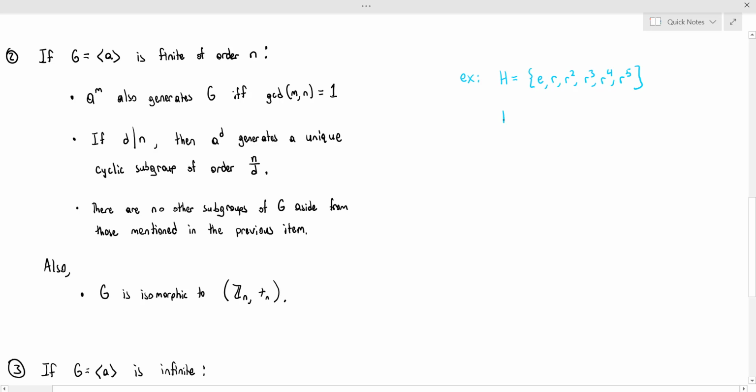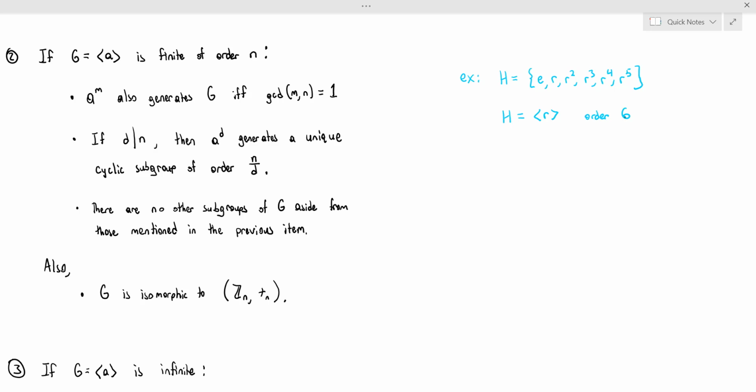As I noted earlier, H is a cyclic group generated by the element r, and it is cyclic of order 6 because there are 6 elements in this group.